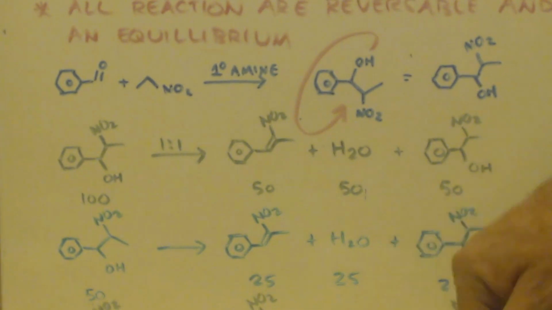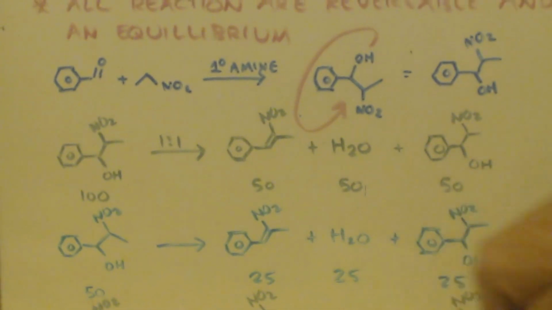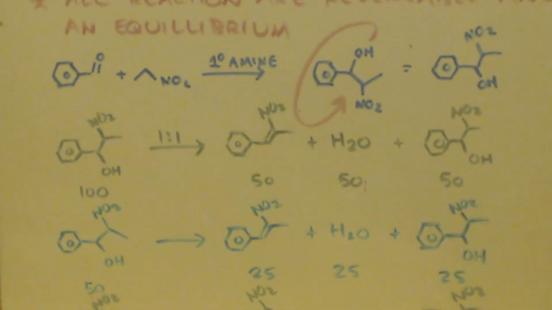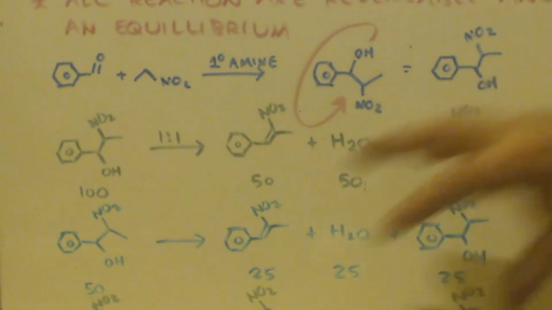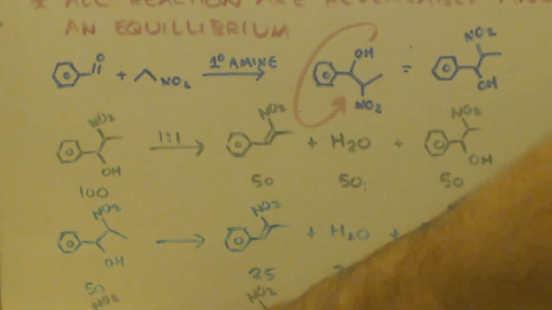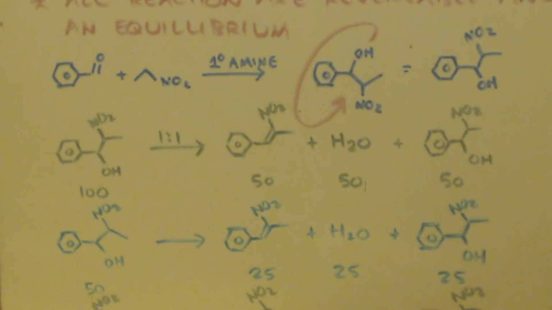So now you have 25, 25. Now you made a 1-to-1 ratio, so it stops making your product again. But let's say you take more of that water out. Now you've got 25, and it starts making your product again and water. Now it's 12 to 12. My whole point is if you keep taking the water out, you'll keep making your product.